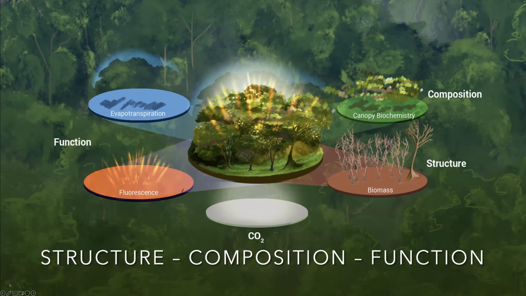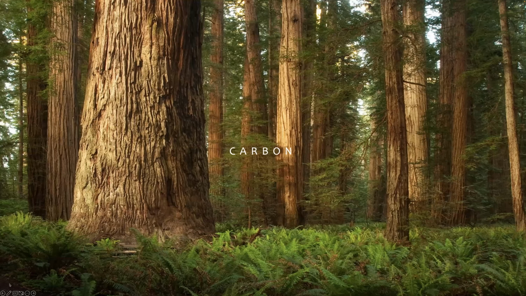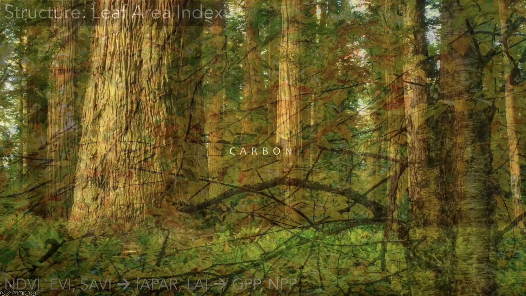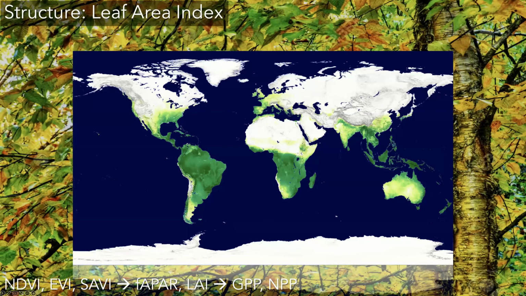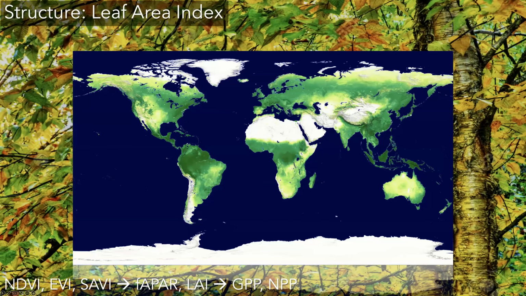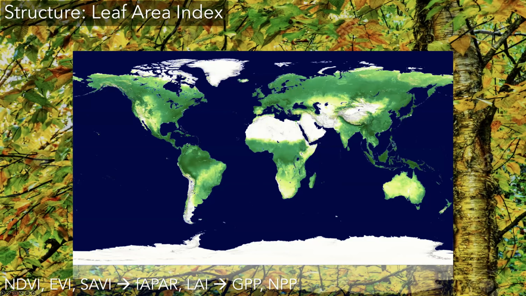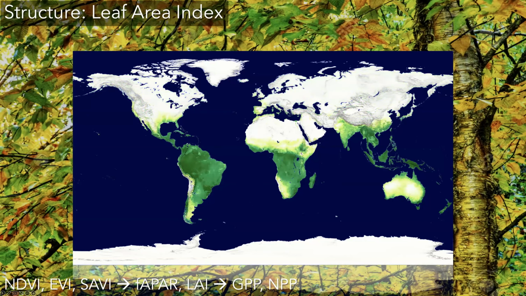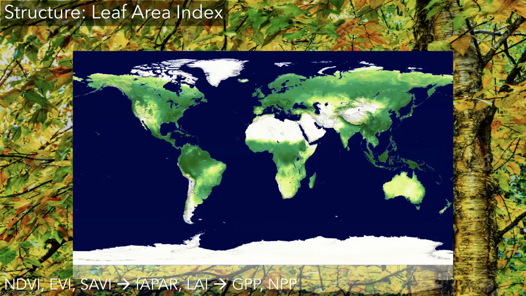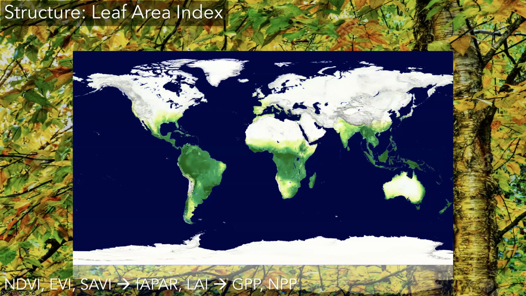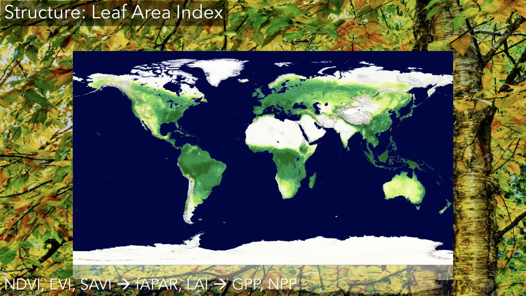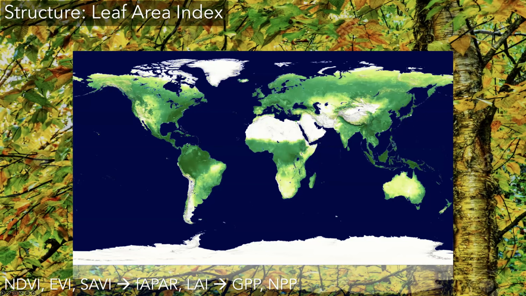So if we look at carbon to start with, Troy and Zoe talked a lot about greenness. And so these greenness products, whether it's NDVI or these other greenness products built essentially from the near infrared part of the electromagnetic spectrum and the red or maybe splashes of blue and so on.